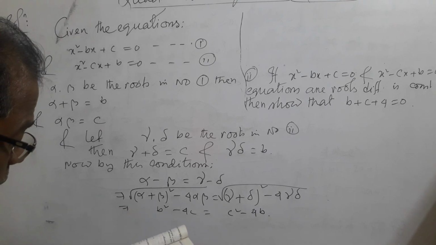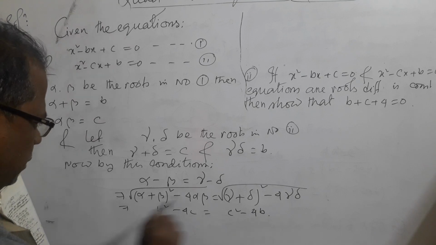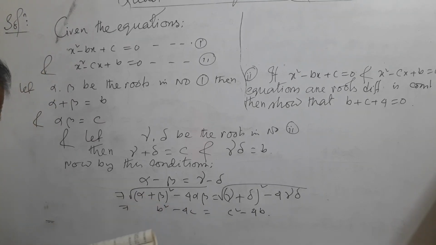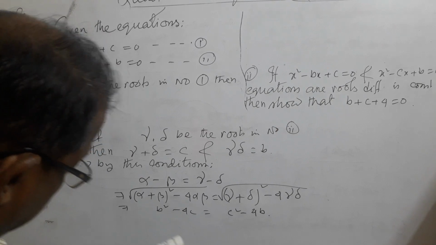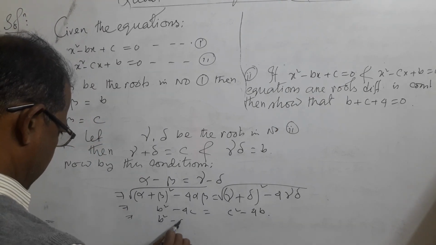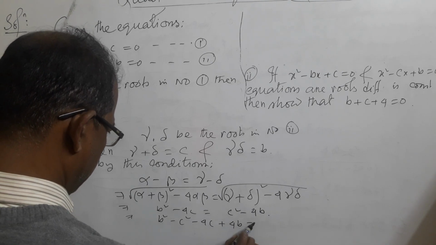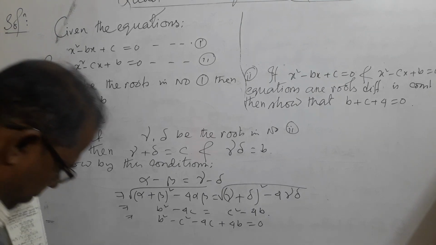That means b square minus c square minus 4c plus 4b equal 0.